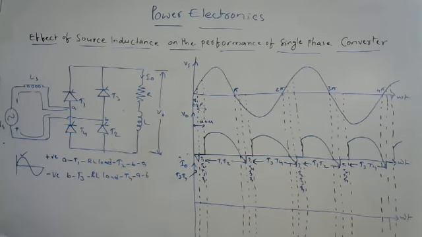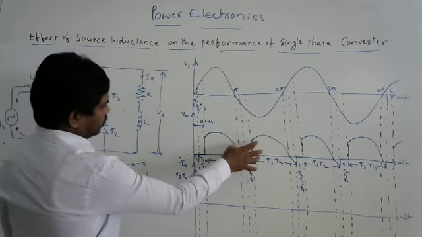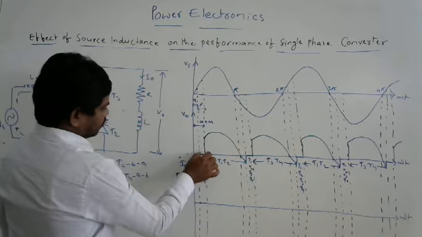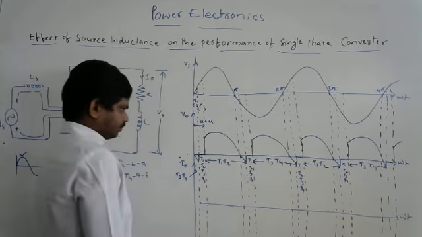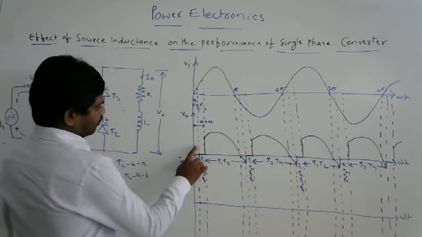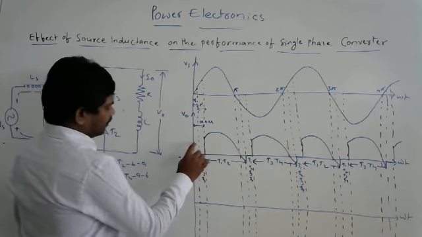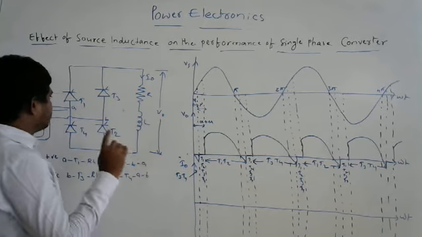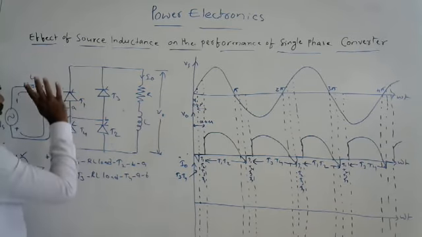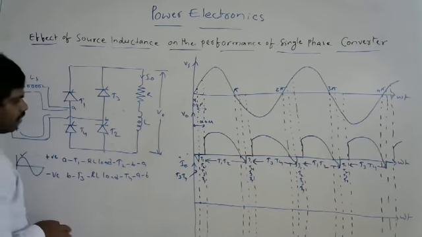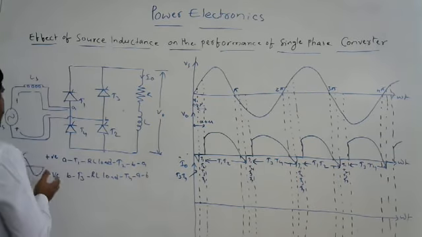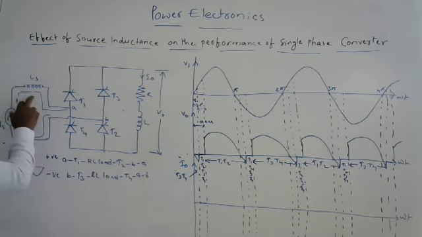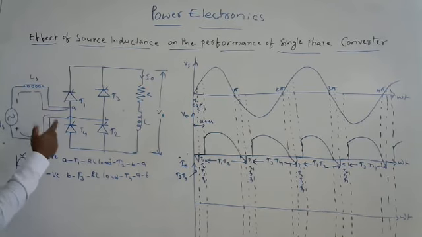Next we have to see the voltage waveform. This is the effect of source inductance. It means, after the triggering pulse alpha is given to T1 and T2, definitely T1 and T2 conduct, but what happened is T3 and T4 are still conducting because of LS. As we know, LS doesn't allow a sudden change in current; it still maintains its value.